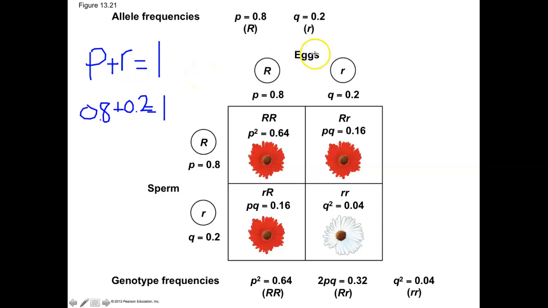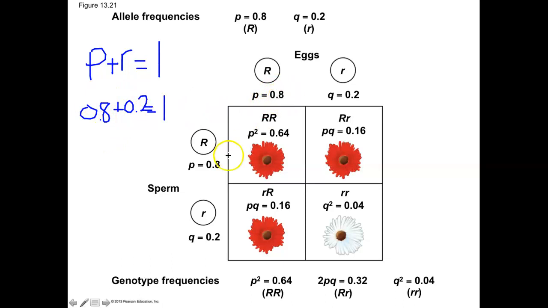So when you do a Punnett square, if I said, here are your allele frequencies, we're going to mate two heterozygote individuals, pq and pq, but in this case it's big R, little r. You just put in the numbers. So you see there's 0.8.